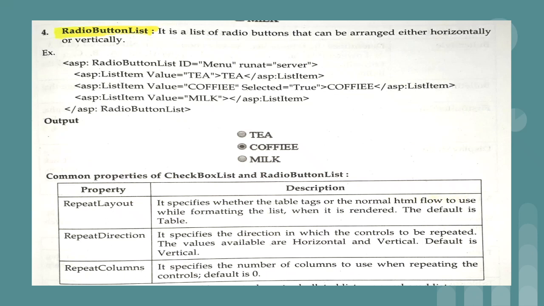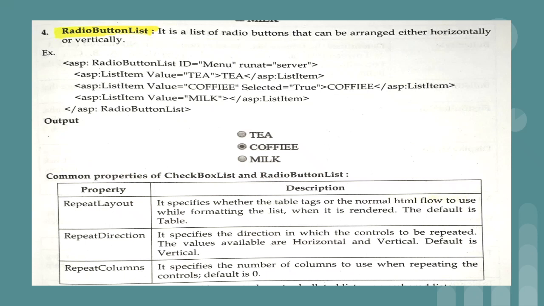Then the next one is RepeatColumns. Basically the default size is 0. In this program, default size 0 means we have a single column in which we have added tea, coffee, milk one by one, so they are part of a single column. Like that we can have multiple columns also. In case of multiple columns, we can apply the repeat direction, because if we have 3 elements, we should have 3 columns.